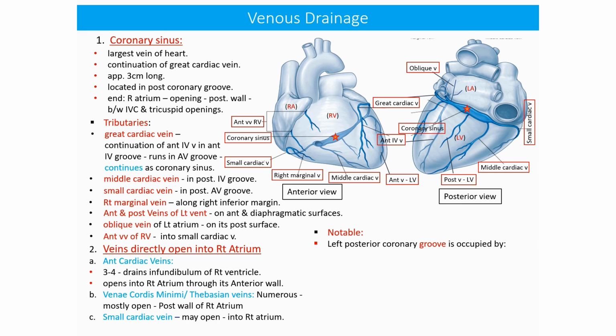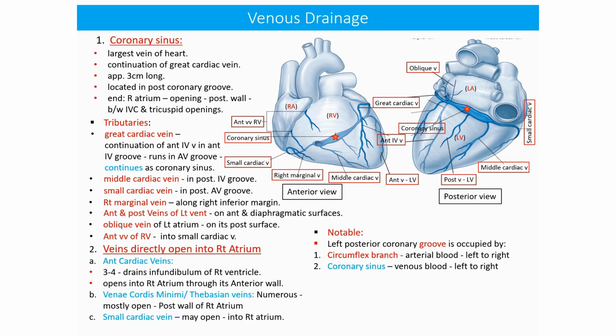Notable aspect is that left posterior coronary groove is occupied by number one, the circumflex branch of the left coronary artery, which carries arterial blood from left to right.